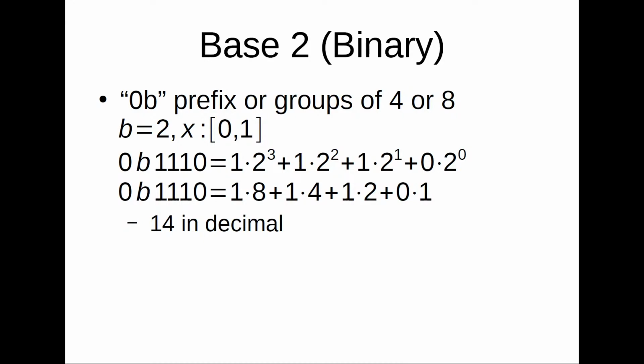So 1110 is 1 times 2 to the 3rd plus 1 times 2 to the 2nd plus 1 times 2 to the 1st plus 0 times 2 to the 0, which is just 1 times 8 plus 1 times 4 plus 1 times 2 plus 0 times 1. And that's 14 in decimal. And computers especially love binary because the digits can all be represented as high and low voltages.